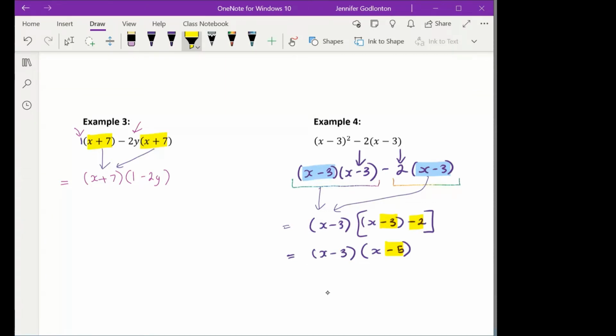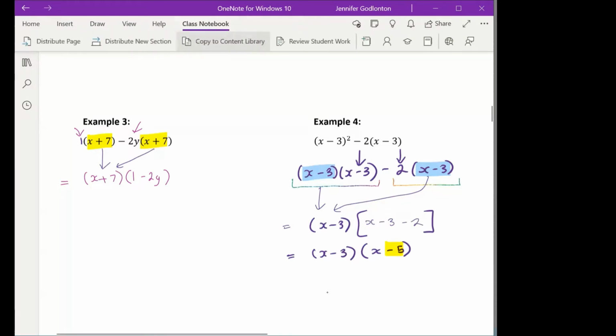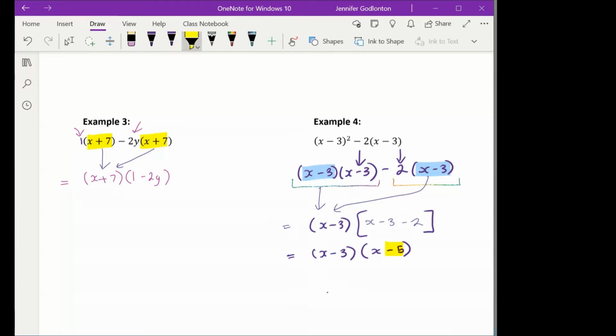Only if there was a number exactly in front of the brackets. But I didn't even need to write that in brackets. I could have just written x minus 3 minus 2. So it didn't need to be in its own brackets. And then it might be easier for you to see that we have these two numbers that we can add. Yes, ma'am. The brackets were confusing me. Well, the brackets messing with your brain. Yeah, it happens. It's okay.